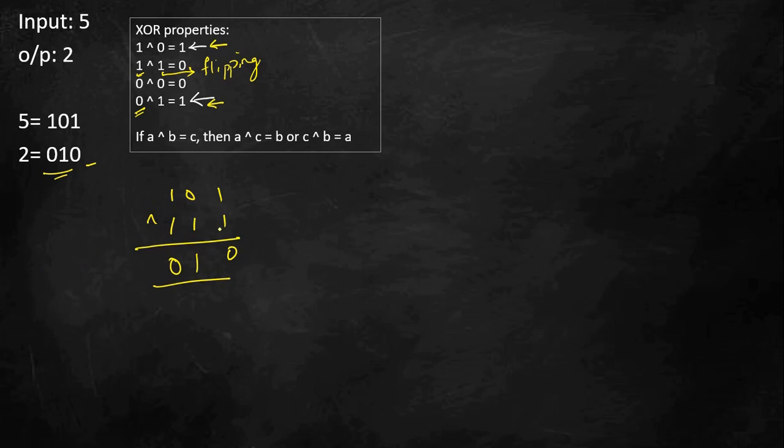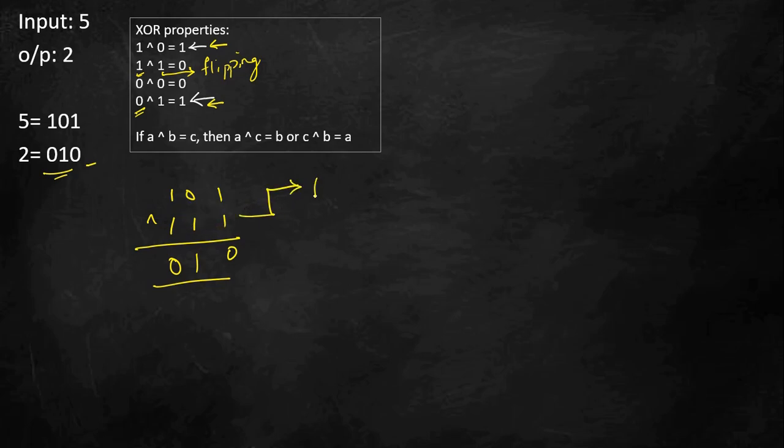So the tricky part is how we can form 111, based on what my input value is. If the input value has 3 bits, I need 111, right. So this can be split into two operations.